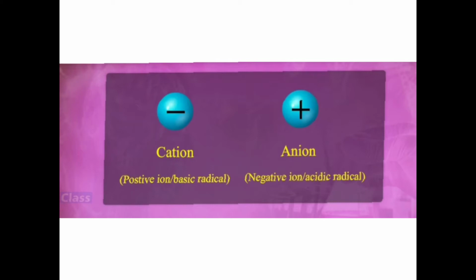Whenever a compound is formed with the help of an ionic bond, it has the anion and cation. So let us revise what is cation.